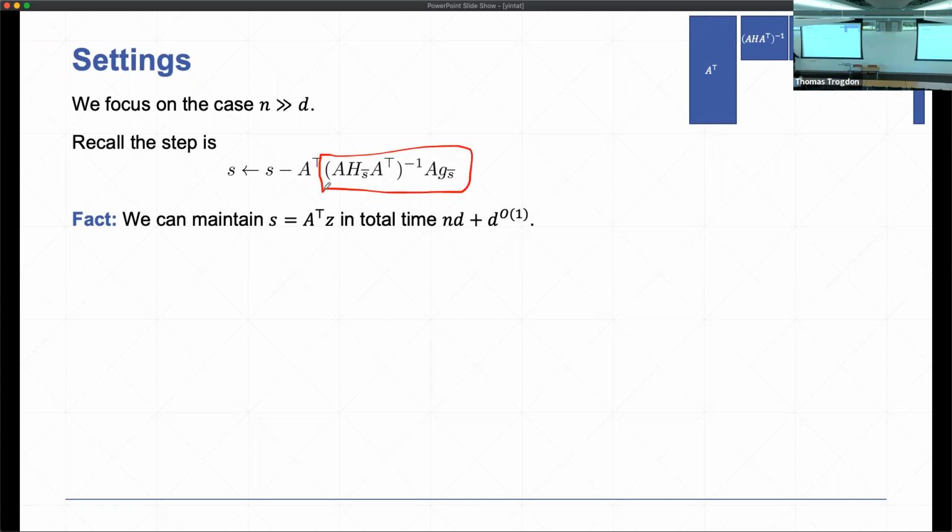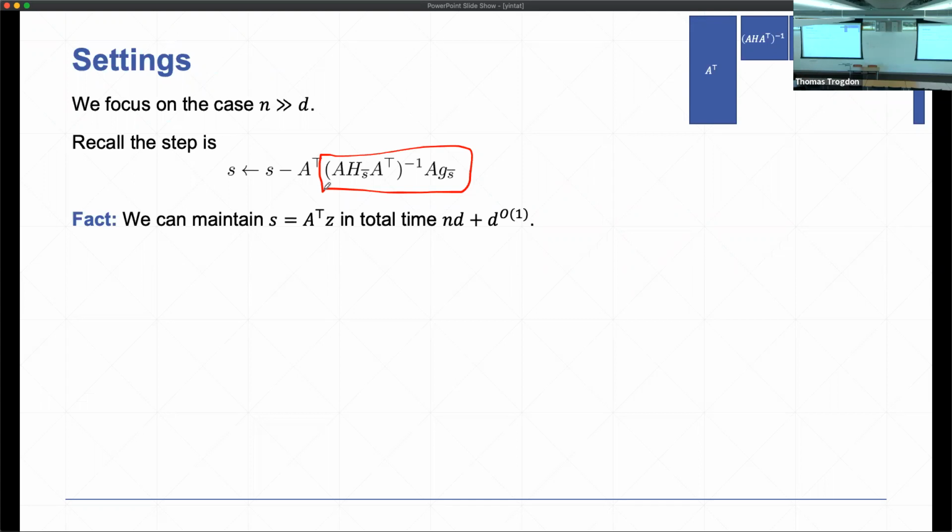Just for example, let's say I promise you only n coordinates of S change, then can we maintain Ax? You can maintain it in nd time because whenever you update one coordinate, you just update the vector Ax. Similarly for A transpose, you can do some smart change by using some randomization.